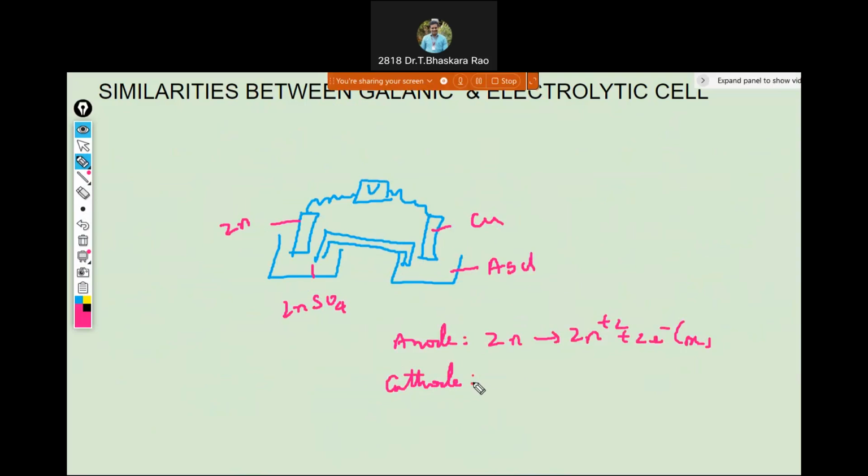When you come to the cathodic reaction, what is the electrolyte here? Silver is the electrolyte. Please remember that Ag plus an electron gives Ag metal. The electrolyte is reduced at the cathode, not the electrode. Copper is already in the zero state, so it cannot be reduced further.